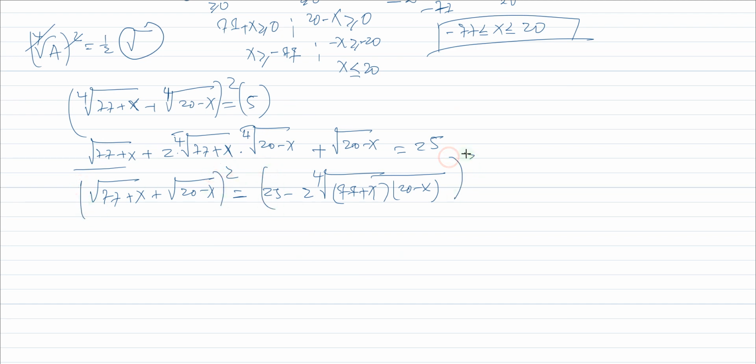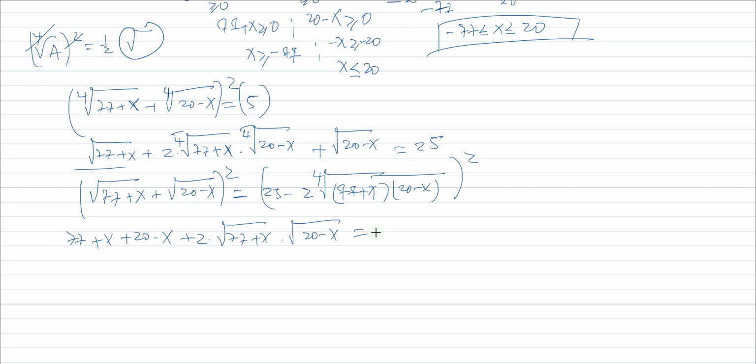Okay, so this one squared is going to be 77 plus x, and then plus 20 minus x, which is this one squared, plus 2 times the product of them, which is the square root of 77 plus x, which multiplies the square root of 20 minus x.